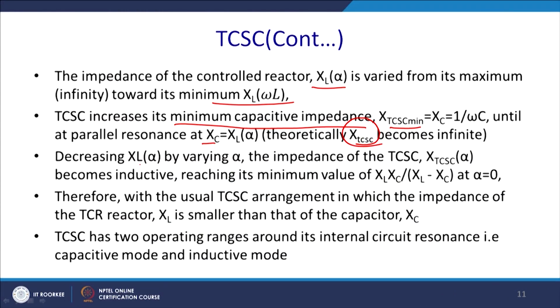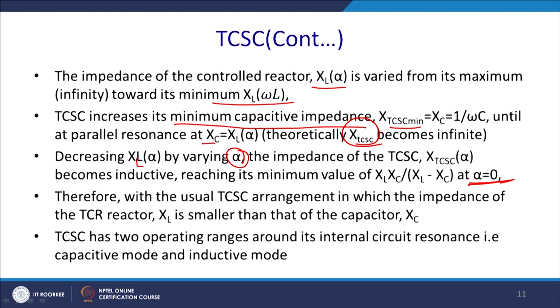Decreasing XL, sorry, it should be XL, by varying the triggering angle alpha, the impedance of the TCSC, that is X TCSC alpha, becomes inductive, and reaching maximum value for XL into XC, that is a combination of it, XL minus XC at alpha equal to 0.